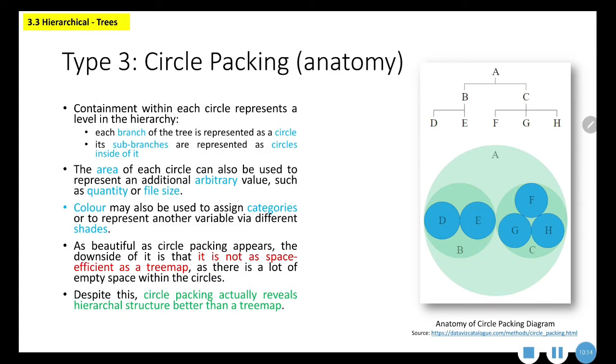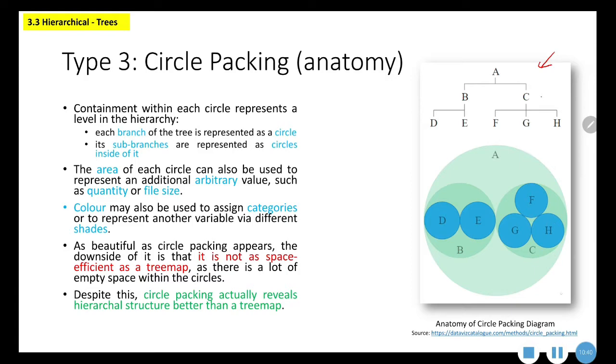For example, in this tree diagram, we can see that A is the parent, and A has nodes B and C. So we have two bigger circles inside it, that is circle B and circle C. And B has two children, D and E, whereas C has three children, F, G, and H.